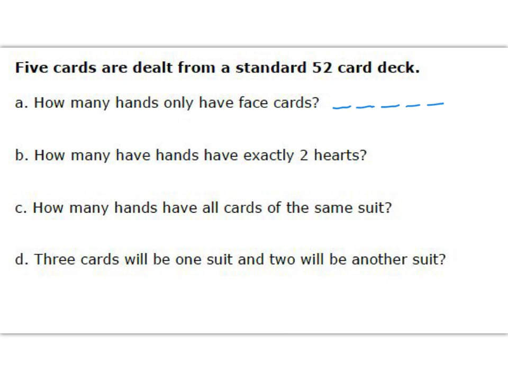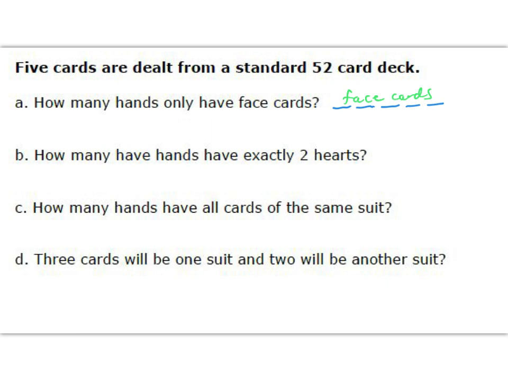Okay, great. Well, if they are only face cards, then we have to think about this a little more carefully. We know that all of these are face cards. So if we're interested in drawing face cards, then I am only interested in the 12 face cards that are in the deck.